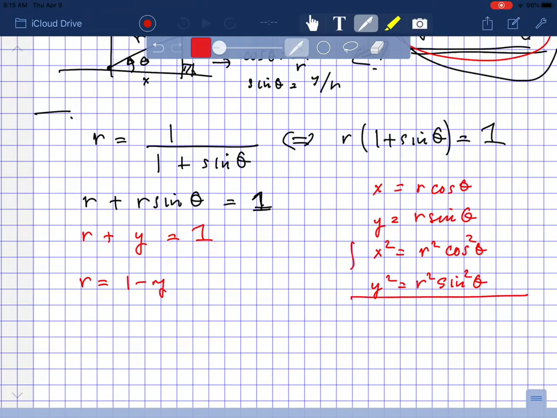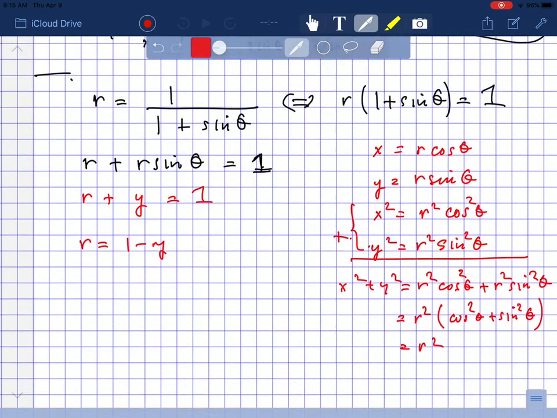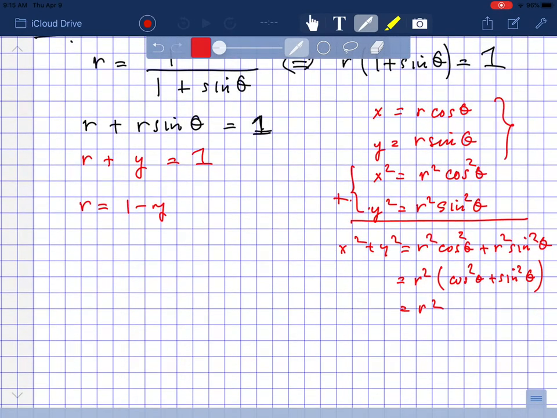If I add these two together, I get x squared plus y squared is equal to r squared times the cosine squared of theta plus r squared times the sine squared of theta. And this is equal to r squared times the cosine squared of theta plus the sine squared of theta. And this is just r squared. So from these transformation equations, I find that r squared is equal to x squared plus y squared.